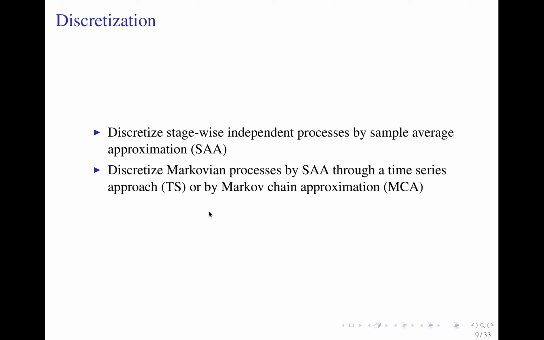On the other hand, for Markovian process, we'll see there are 2 ways to embed it to the model. One way is by adding additional state variables and transform the problem into stage-wise independent and then discretize the problem by SAA. Another more general approach is to use Markov chain approximation or MCA.